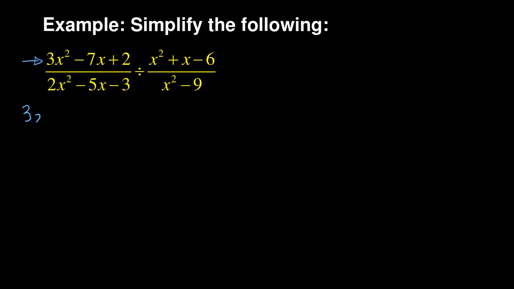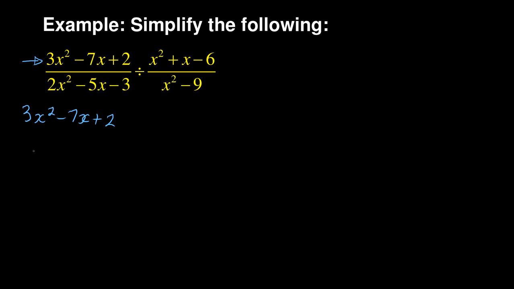3x squared minus 7x plus 2. So I'm supposed to simplify or factorize that part. How do you factorize that part? I use the product sum method. You have to visit my previous lessons, my 24-minute lesson where I talk a lot about this product sum method.